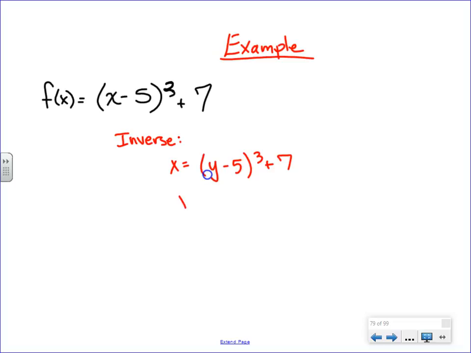This is long. Yeah, there's a lot going on. There's the plus 7, there's the minus 5, and there's a cube. There are three different things we have to undo.